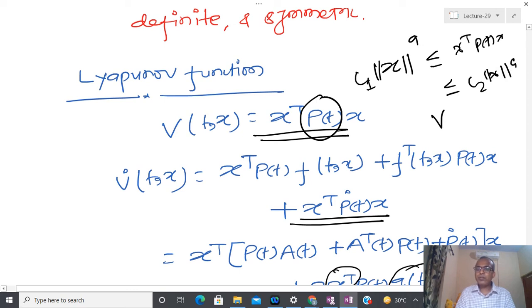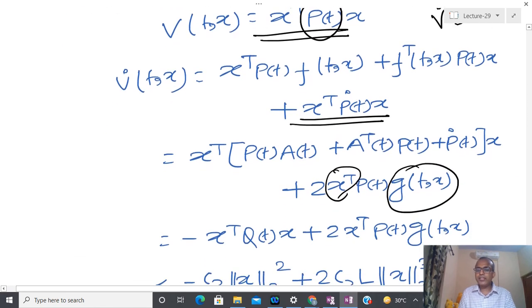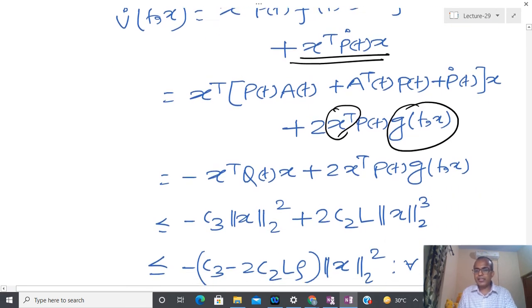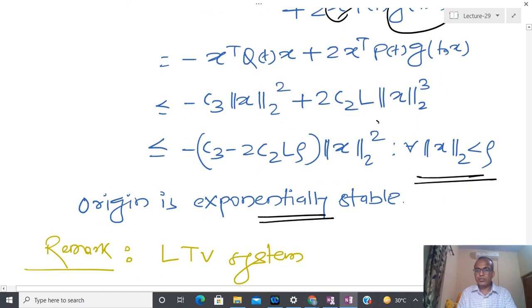And after that, what we have proved, V dot is again some quantity minus gamma times the norm of x squared. You can see here that kind of relation comes into the picture. Here the same kind of relation basically comes into the picture, and due to that reason I am telling that the equilibrium point is exponentially stable.